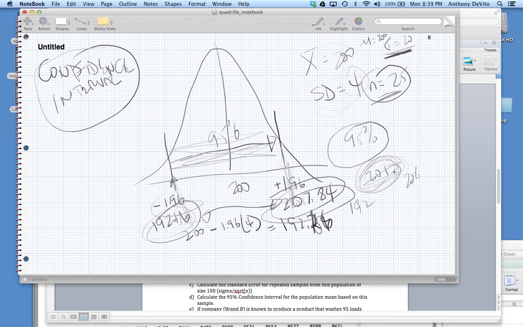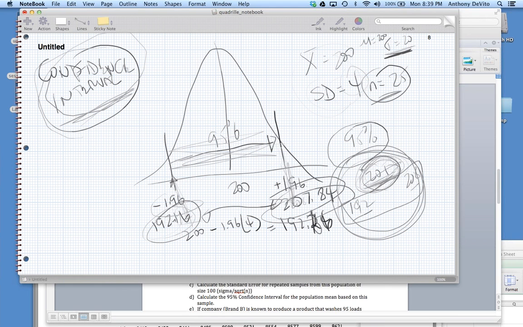In other words, I may have found 201 here, but I'm 95% sure the real population mean is between 192 and 208. The confidence interval gives you a way to quantify what your level of confidence in your prediction of the mean is based on what your sample did.